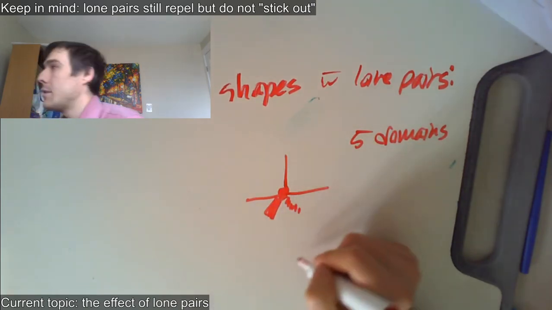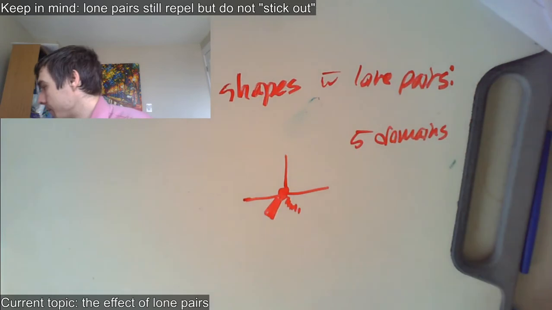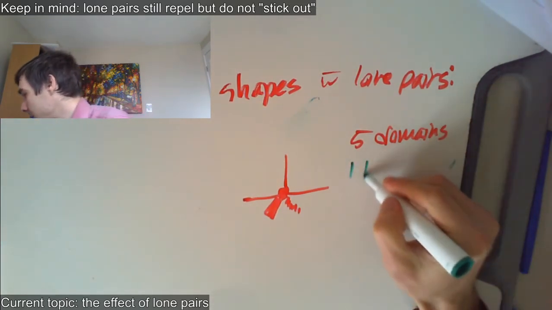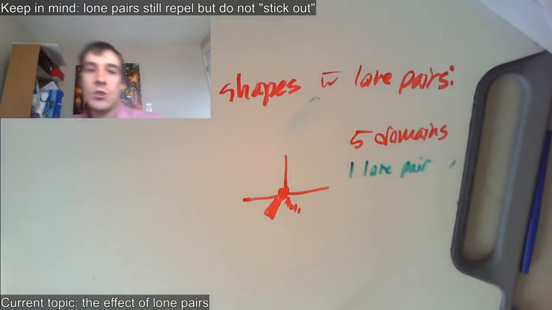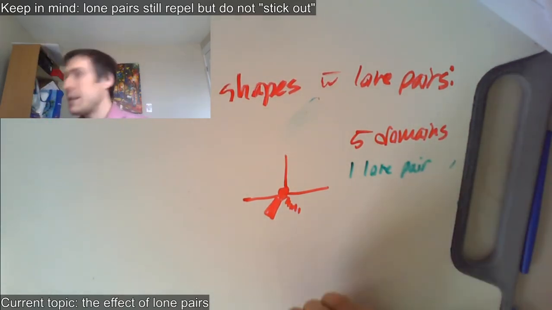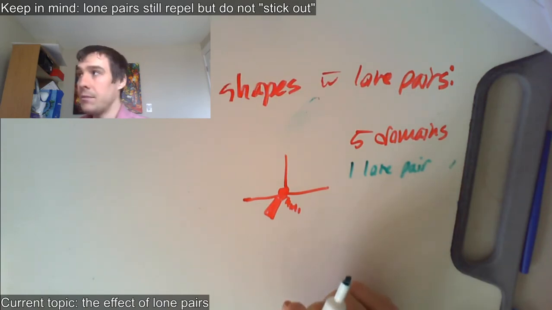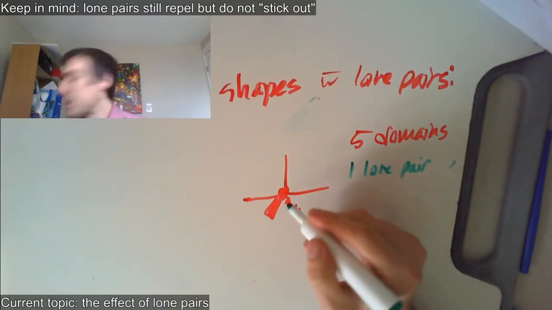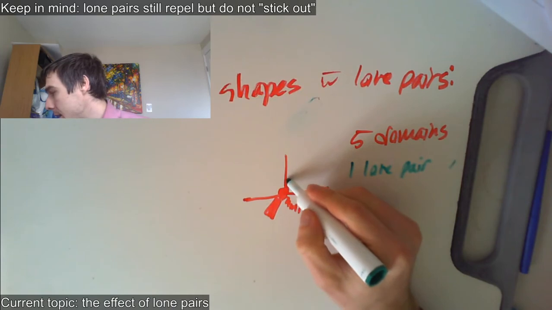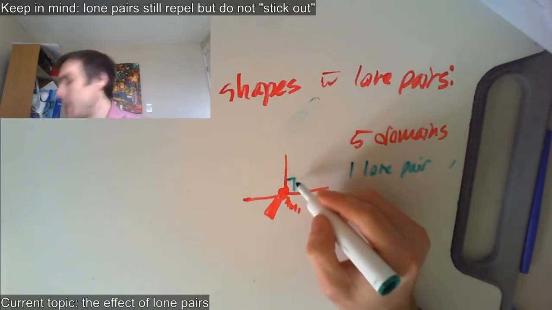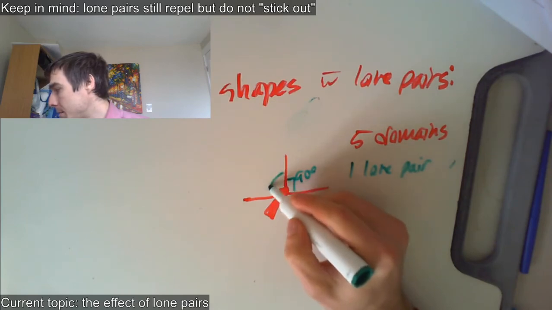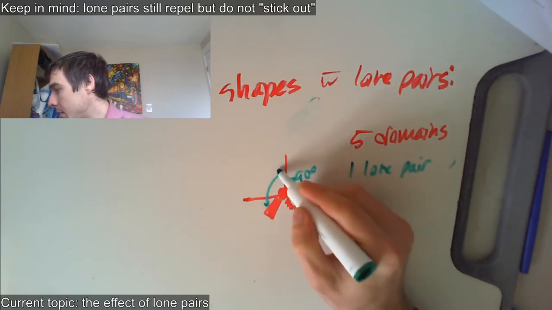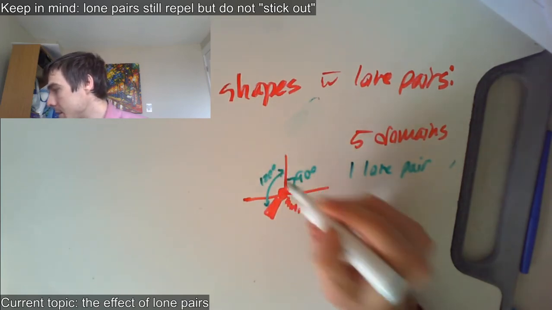If we have one lone pair, it actually has a choice of which one it will replace, because there are 2 different bond angles here. This bond angle between these two is 90 degrees, but this bond angle between these two is 120 degrees.